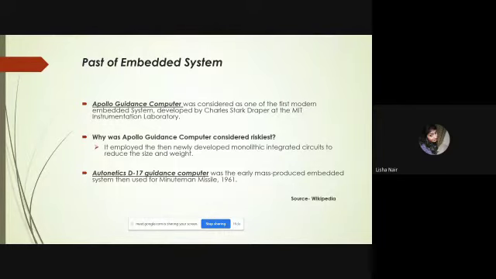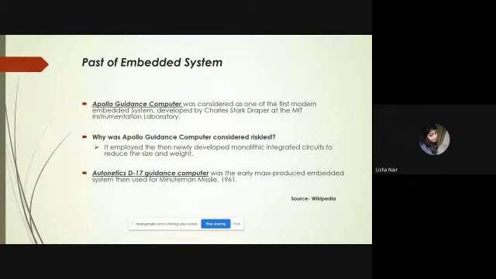Then came the Autonetics D17 guidance computer, which was a much bigger embedded system that had big microcontrollers. The previous one was just small integrated circuits interconnected with each other, communicating and bringing up a system like a display or a guideline system for healthcare.